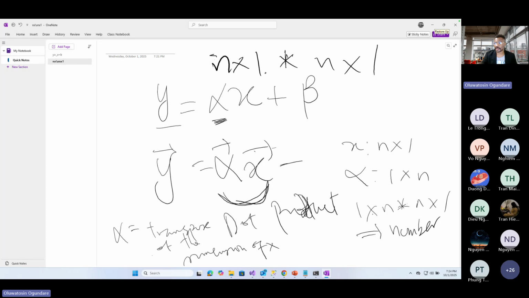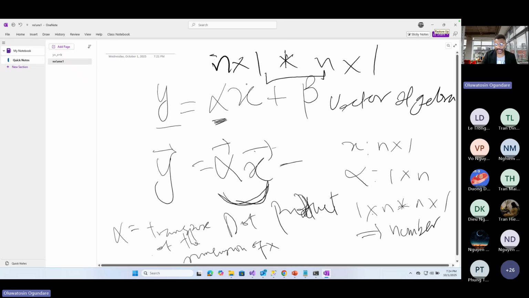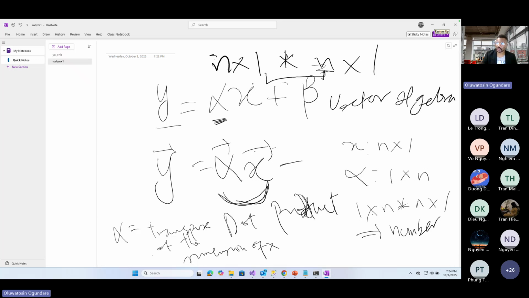This is not going to work because the dimensions don't match. You've learned the rules of vector algebra: for us to multiply two vectors together, the dimensions have to match. So the way to do that is by transposing. We go to alpha transpose, and then we get 1 by n, and then we can multiply with n by 1, because now these two will match, and this gives us 1 by 1, which is essentially a number. So we learned that last time, this idea of the dot product.